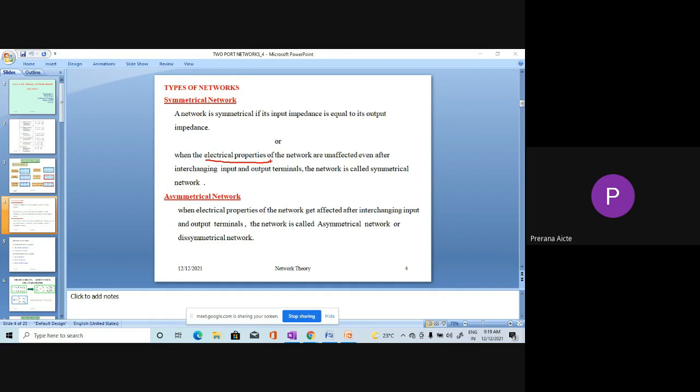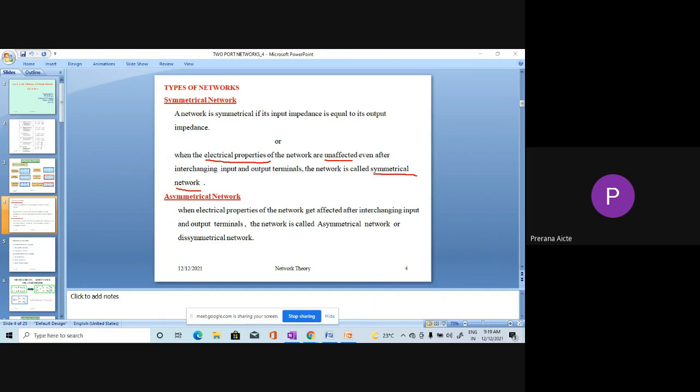These are the different kinds of properties subjected to networks. So when the properties of that network are unaffected, that is, they do not change even after changing the input and output terminals, then you can say that network is called a symmetrical network.